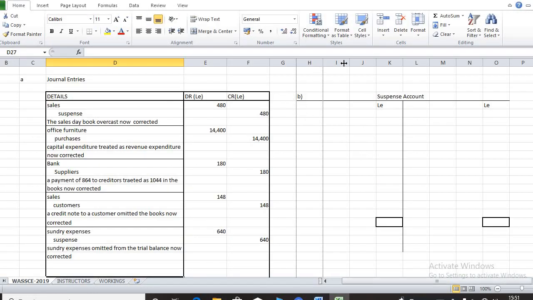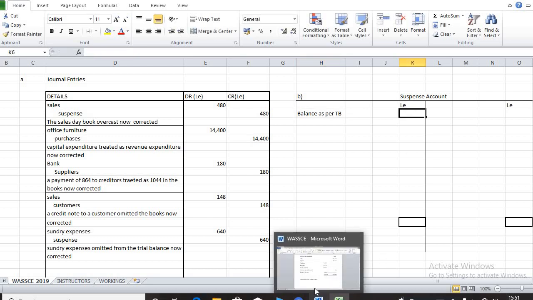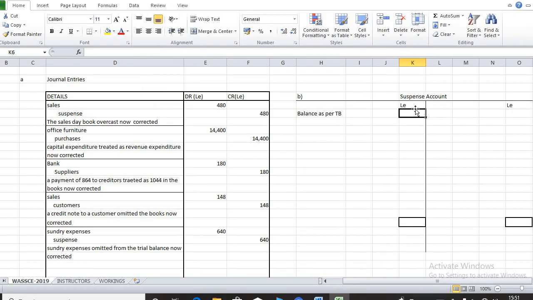The narration will be balance as per TB, which is trial balance. The amount is 1,120.